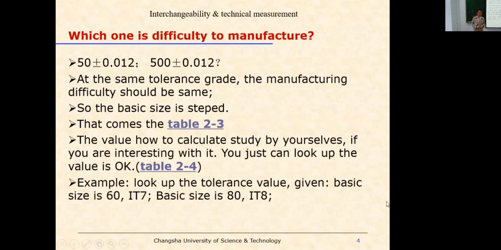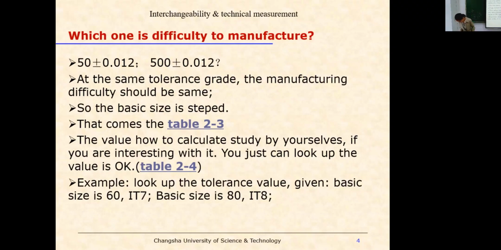For example, look up the tolerance value given basic size 16, IT7. How much is it? I want IT7. Yes, 30. Good.